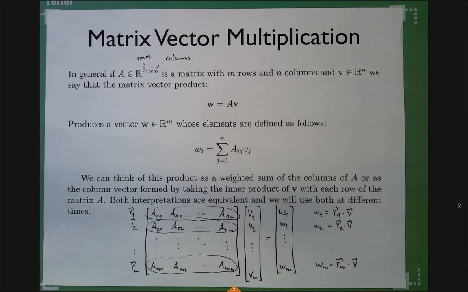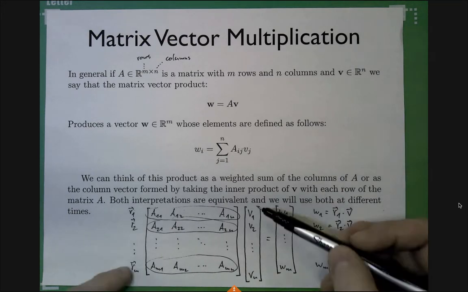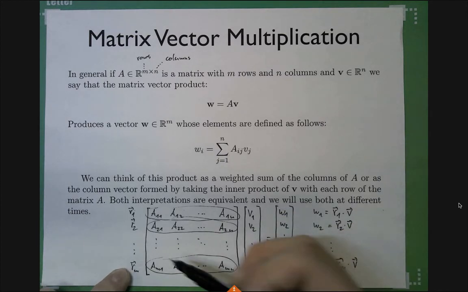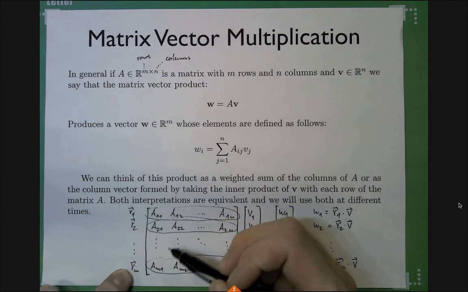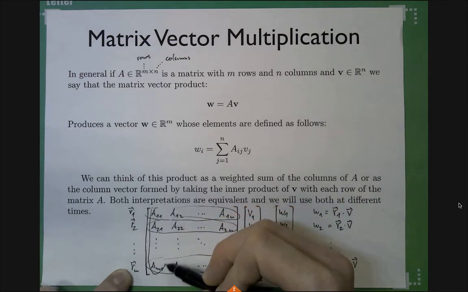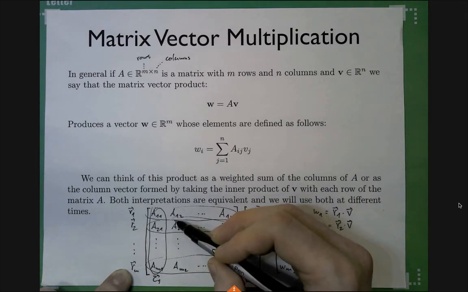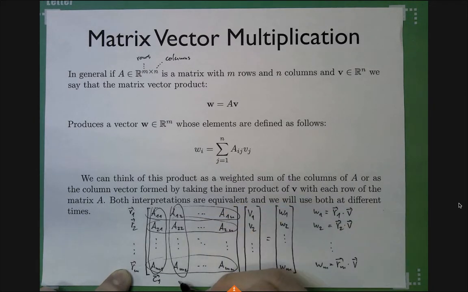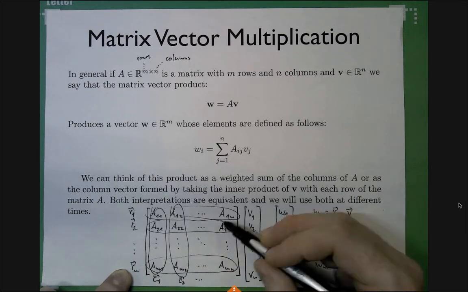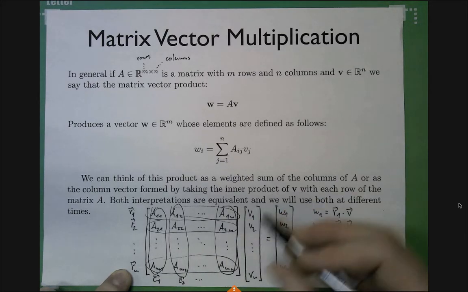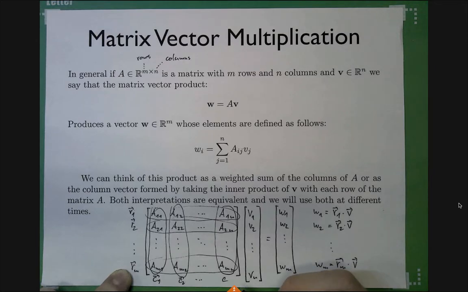Okay. The funny thing is that there is a different way to sort of look at it. That happens actually a lot in linear algebra. We'll talk about transposition. It will get even more interesting. The other way you can look at it is by looking at the columns of the matrix A. So if I say this would be my column C1, column C2, and so on up to the last column would be C, what, M or N?